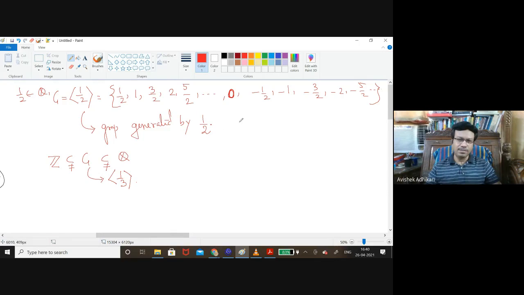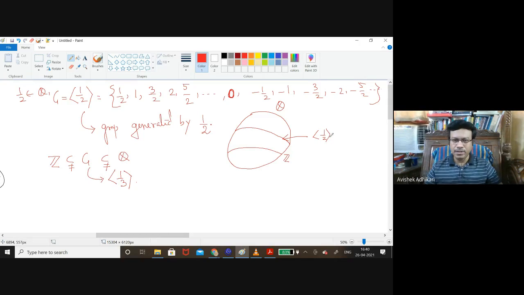Now, how do you write this? So this is your Q, this is your Z, and this is the subgroup generated by half. Can somebody tell me how the subgroup generated by 1 by 3 will fit here?